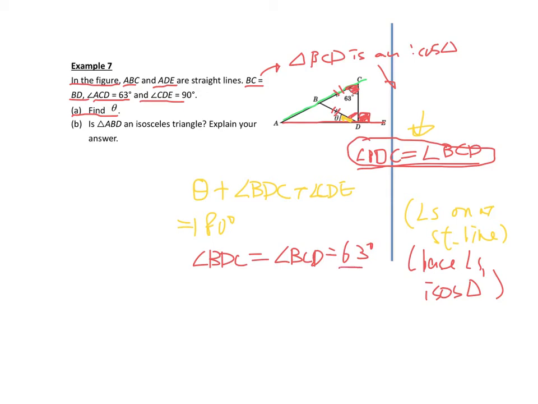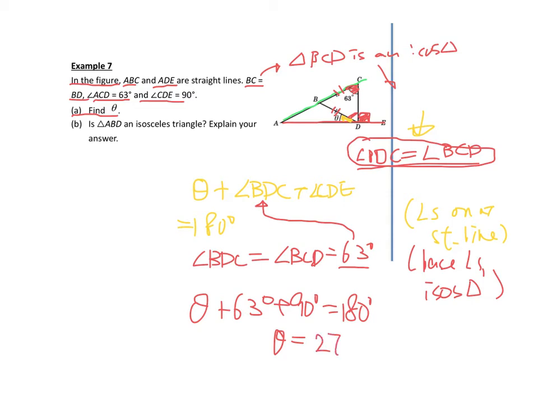After we know that it is 63 degrees, we can substitute it into the first equation, so that theta plus 63 degrees plus 90 degrees is equal to 180. So lastly, we can find that theta would be equal to 27 degrees. That is part A.